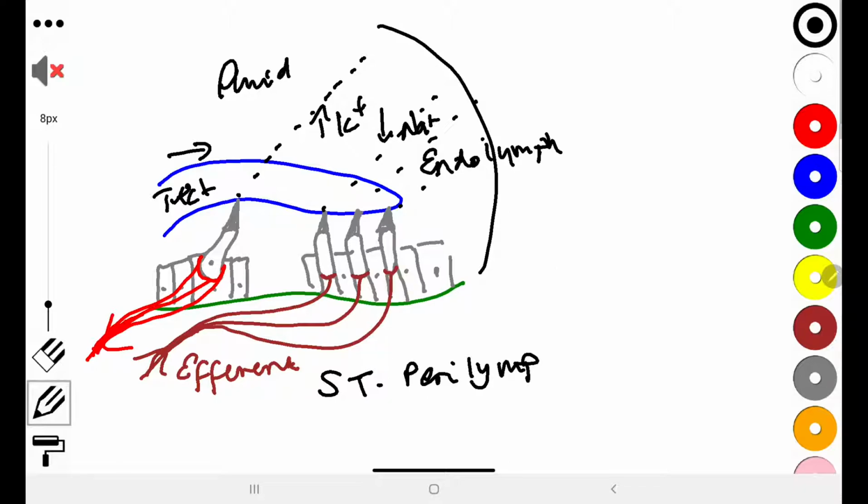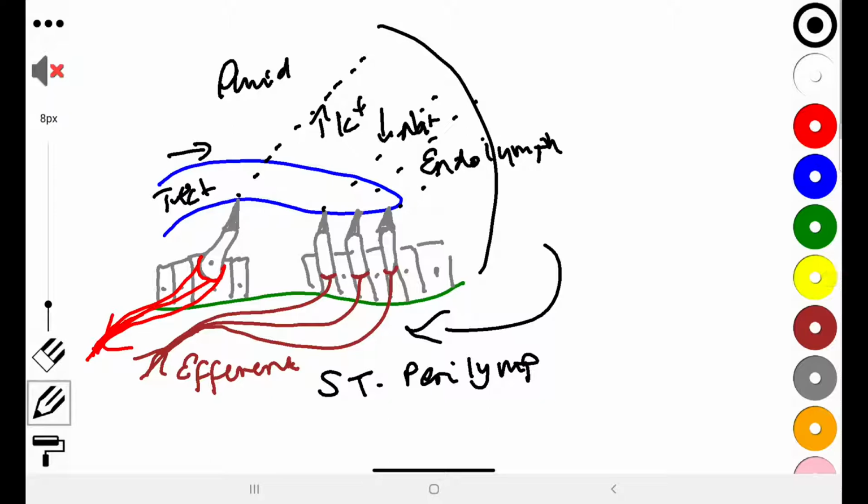The vibration that is being caused is going to send a shaking, and this shaking is going to cause the tectorial membrane to move. Once it moves, the hairs that are embedded in the tectorium also move.